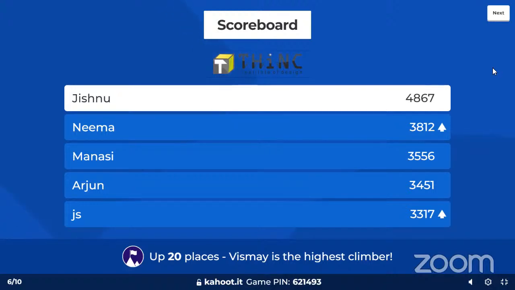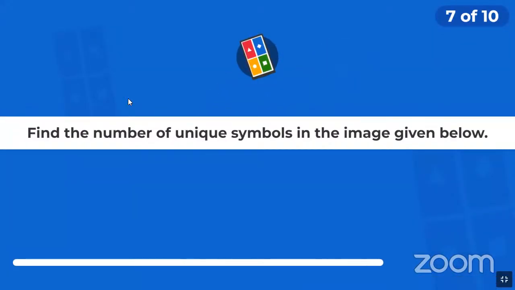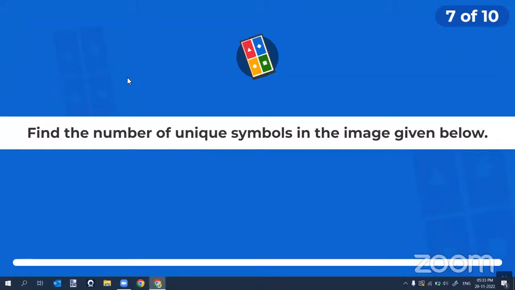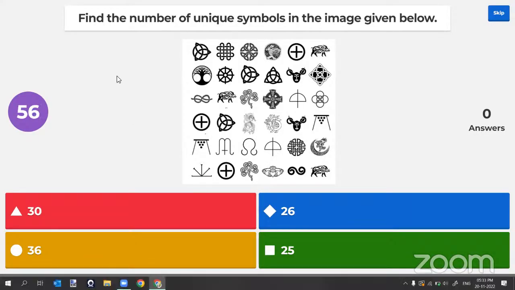I think the leaderboard is again getting changed. The positions are changing. 6 questions are down. Let's move on to the 7th question. Find the number of unique symbols in the image given below.